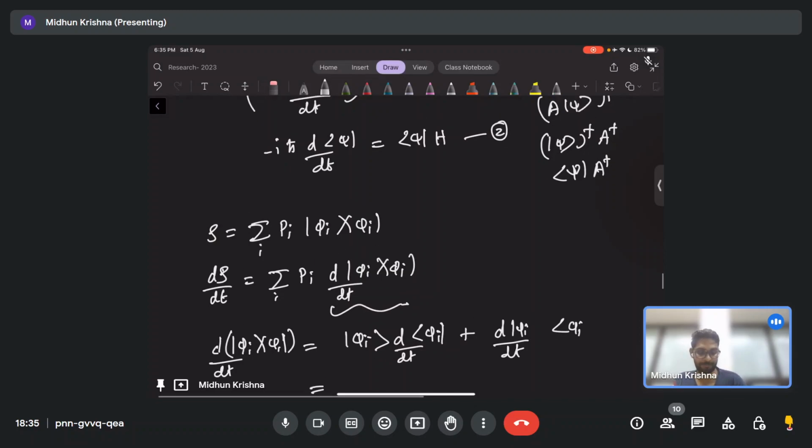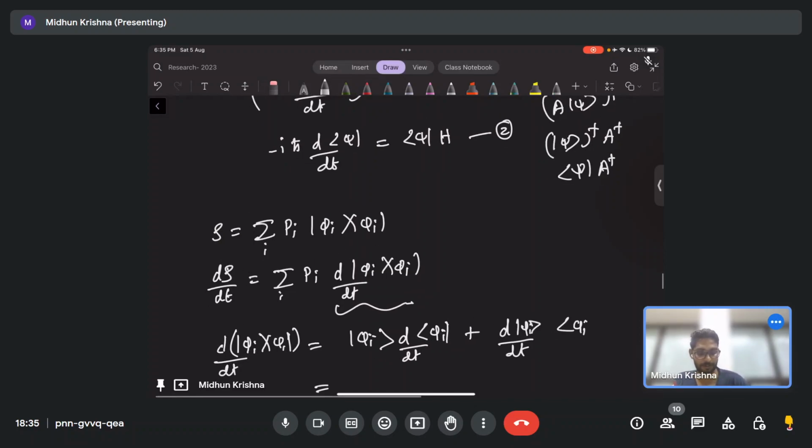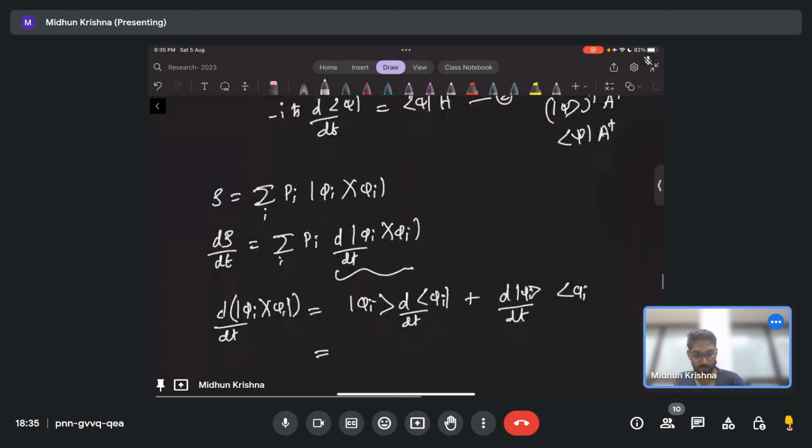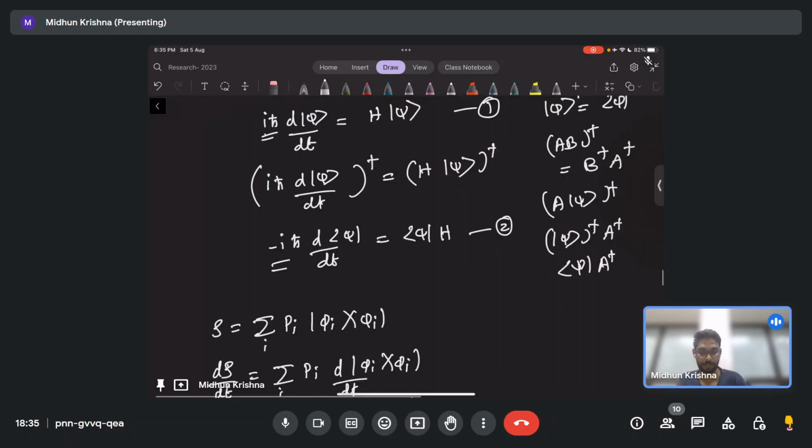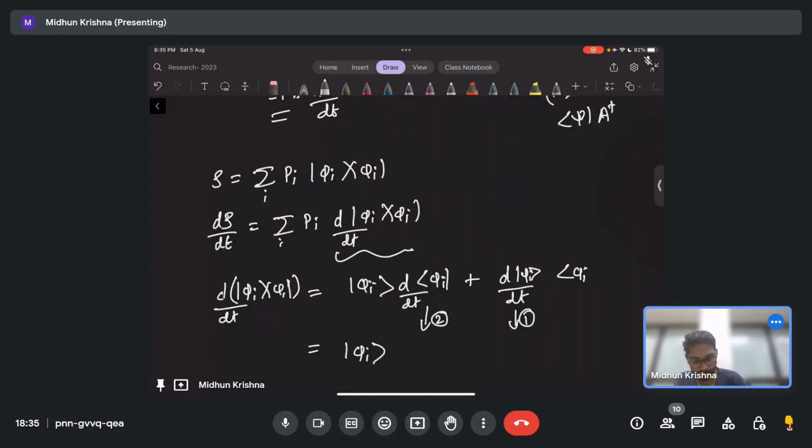Now if I substitute from the above equation, if I substitute 2 here and 1 here, I have to invert. So I have to take the i h squared to the other side in this equation and this equation. So basically, I have the d phi by dt form, the bra form and the ket form. I've defined them already.